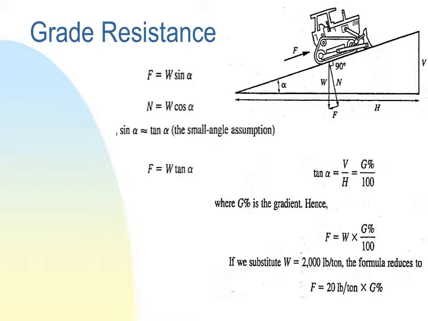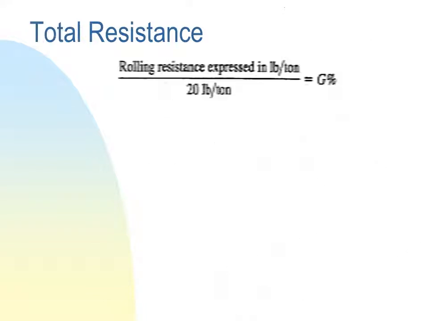However, in SI units, it's 1,000 kilograms per metric ton. So if we substitute the 2,000, we'll find the formula F equals 20 pounds per ton times G. Again, for SI units, you will find F equals 10 kilograms per metric ton times G.